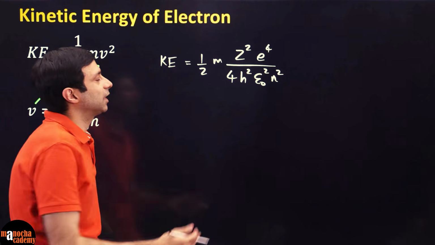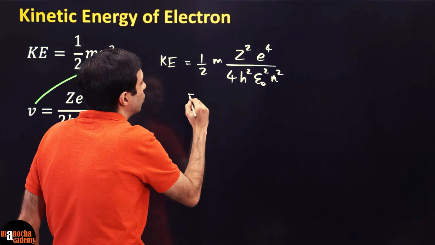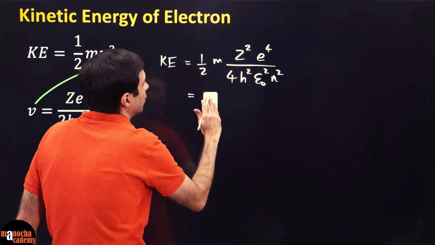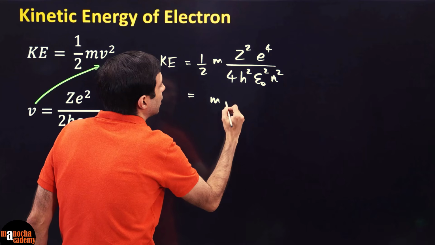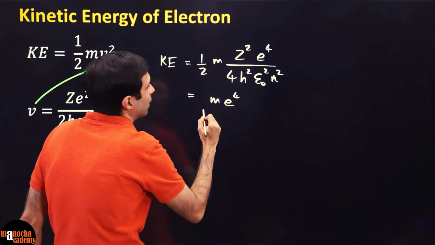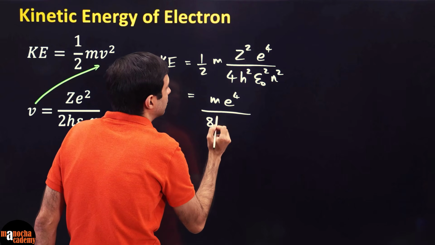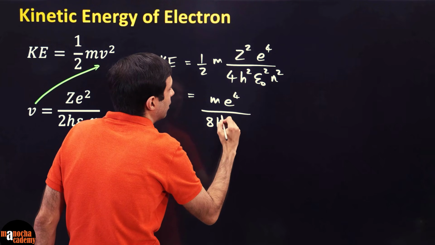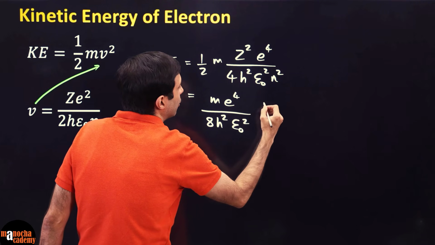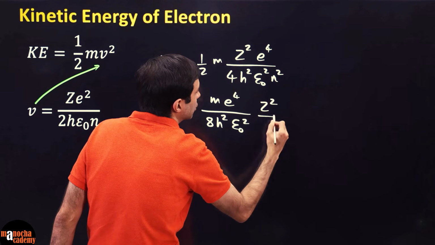If you simplify this expression, again bringing all the constants to one side, what do we get? We get m e to the power 4 divided by 8 h square, epsilon naught square, and then we have Z square by n square.